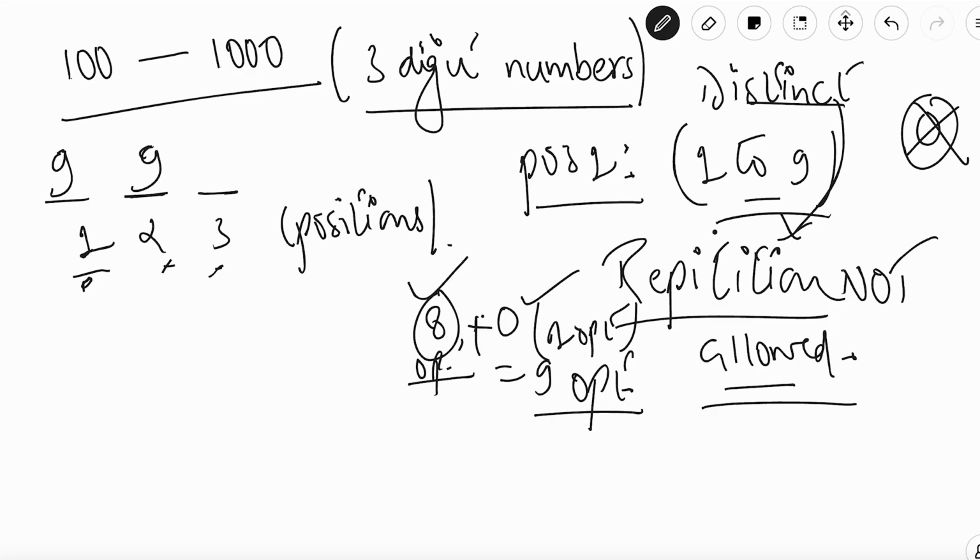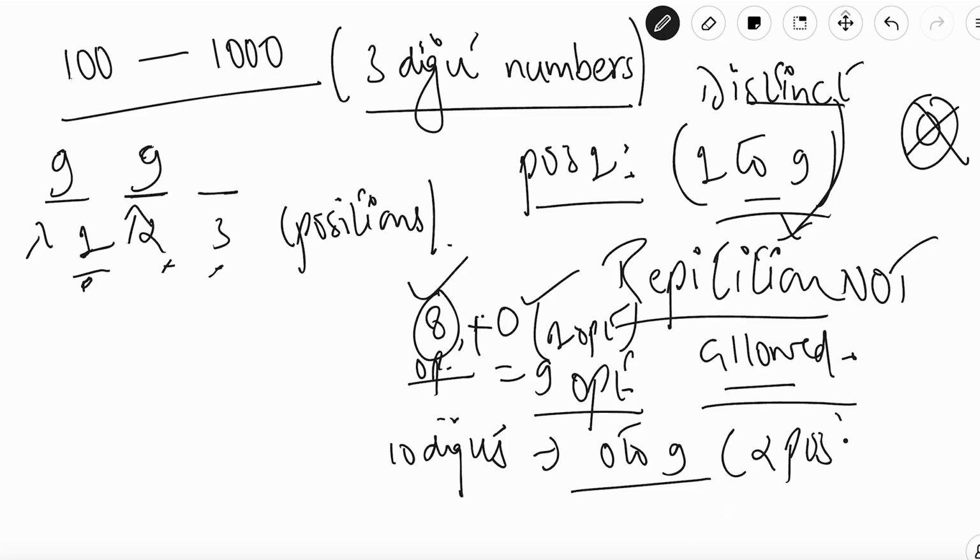Basically, 1 to 9 is 9 digits, and once we include 0, we have a total of 10 digits. So the first position is filled and the second position is filled. That means 2 digits are chosen from 10 digits, and now I am left with 8 digits.